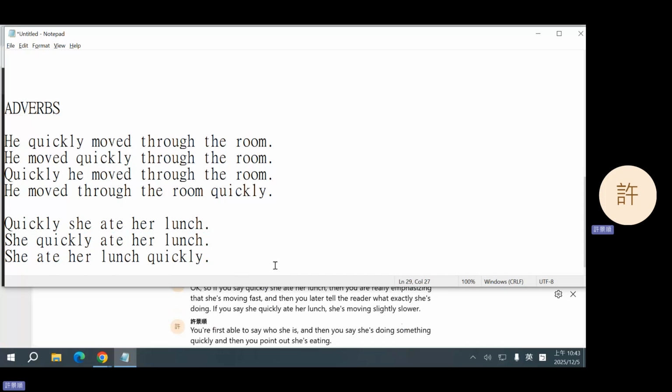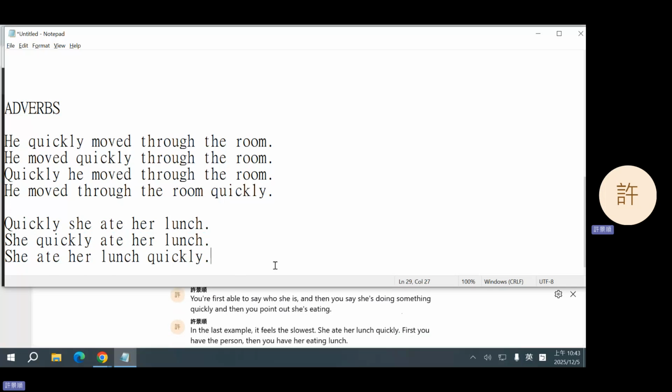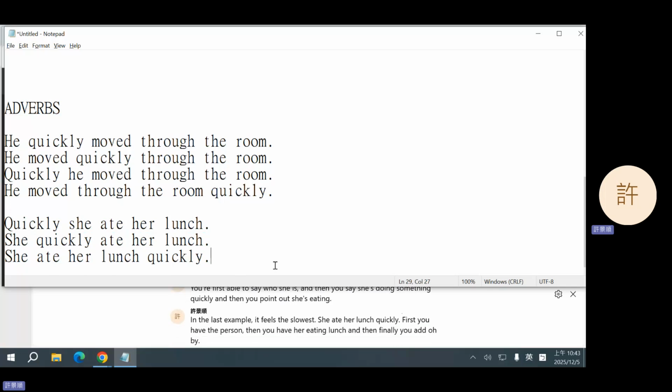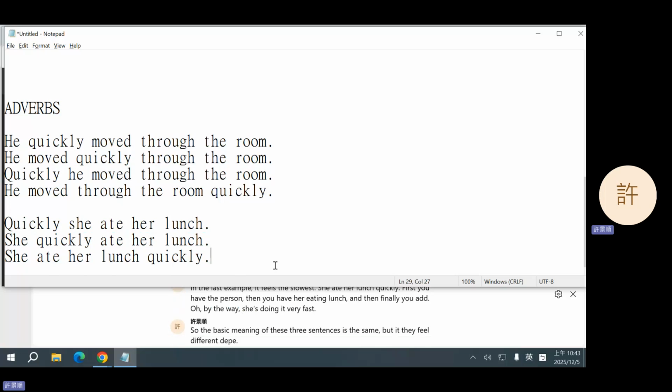In the last example, it feels the slowest. She ate her lunch quickly. First, you have the person, then you have her eating lunch, and then finally you add, oh, by the way, she's doing it very fast. So the basic meaning of these three sentences is the same, but they feel different depending on where you put that adverb.